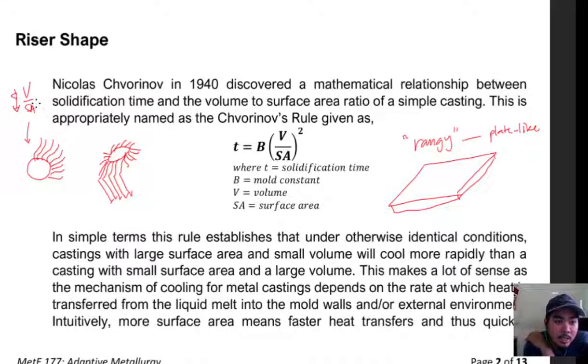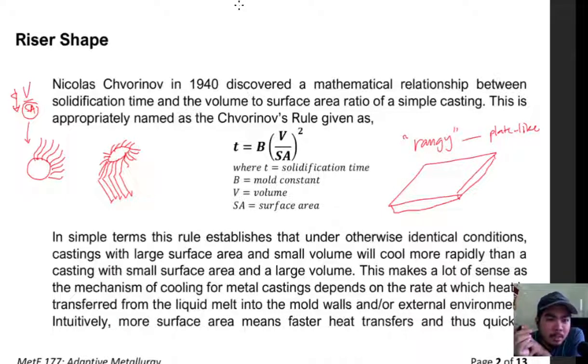Kasi mataas yung surface area niya, so malaki yung in contact doon sa metal with the outside environment, so malaki yung drawing ng kinetics ng heat transfer niya from the metal heatsink outside to the environment. Okay? Pero syempre, when it comes to risers, no, ang goal kasi ng riser is not to cool faster, no? Ang goal natin is ito dapat yung slowest na magko-cool.